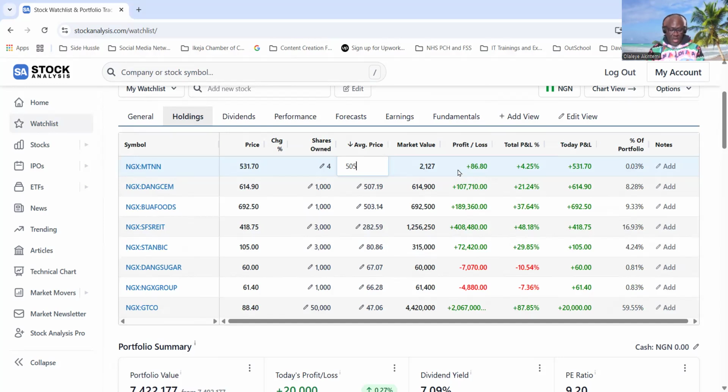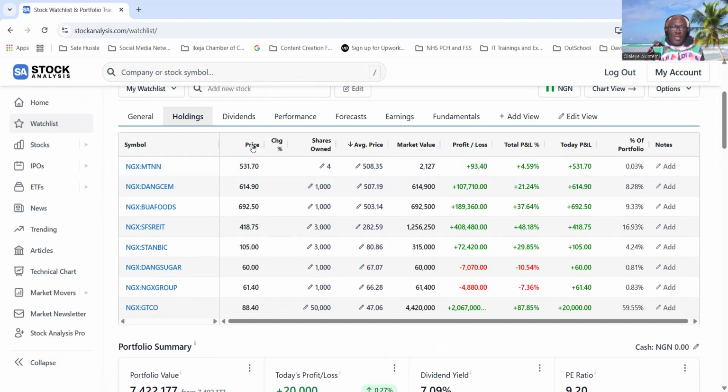I've forgotten it off the top of my head, so I'm having a look on my stock mobile app. The MTN average price is 508 naira 35 kobo. So 508.35. Once I put that in, it's going to recalculate everything for me.